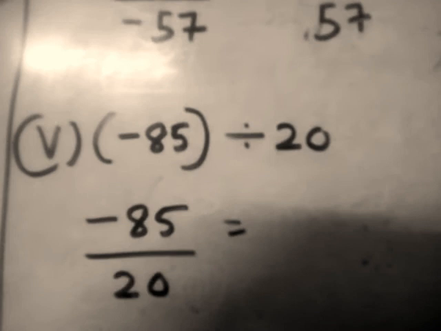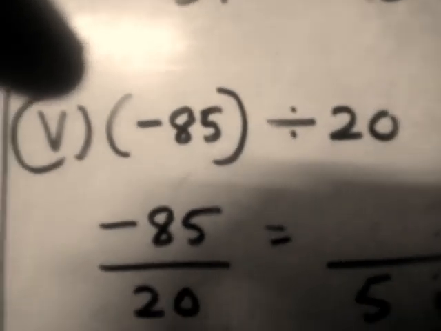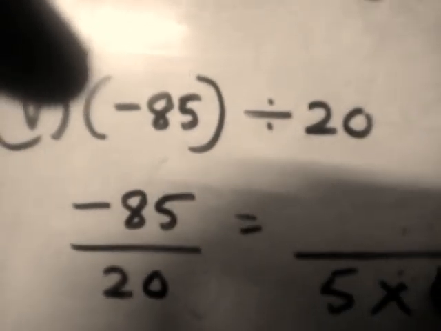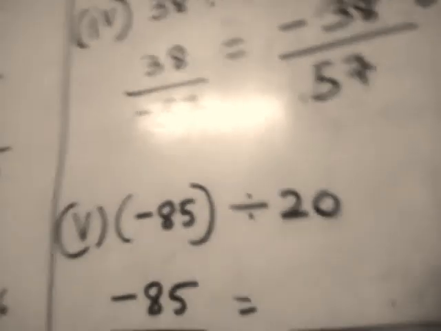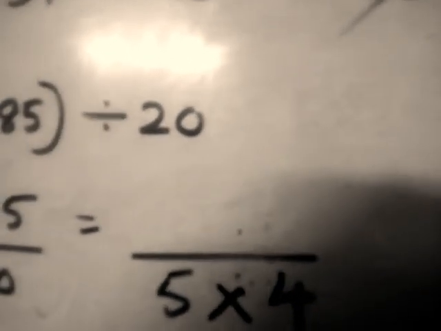Minus 85 upon 20. Both the numbers are divisible by 5. This is very simple. 5 fours are 20. First you do the denominator, which is easy. Now 85 divided by 5, if you do, 5 ones are 5, 5 sevens are 35.